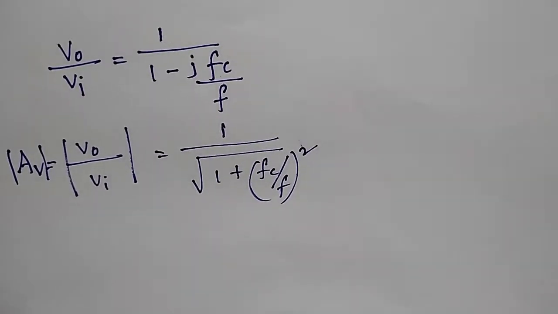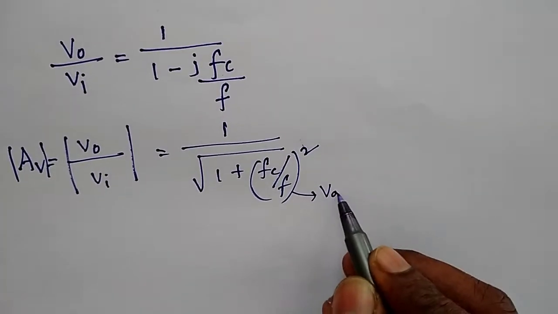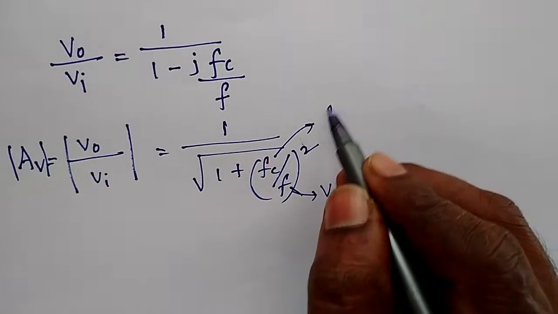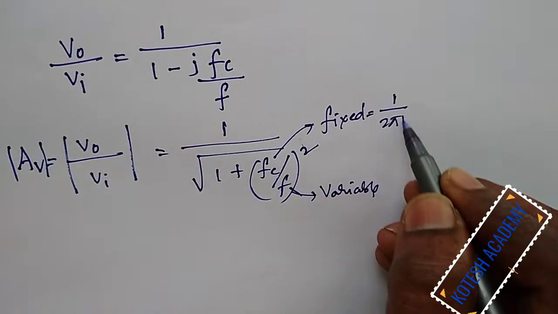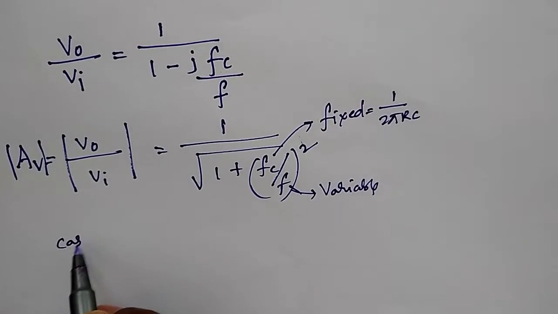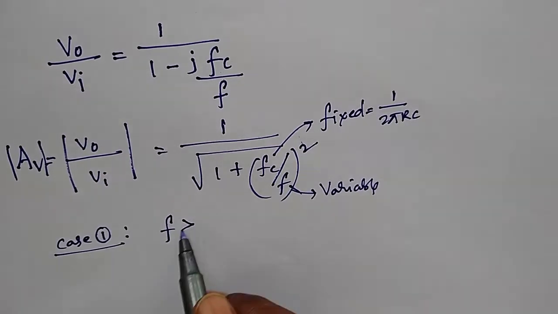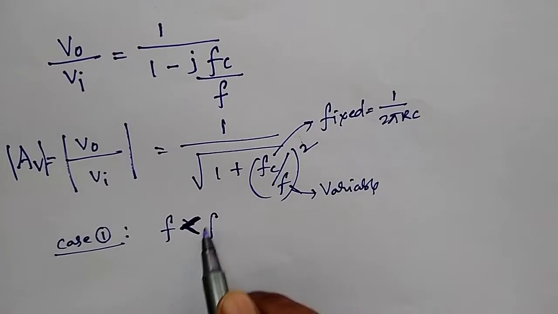In this case, F is variable and FC value is fixed. Fixed in the sense that its value is 1 by 2 pi RC. Then the first case is F less than FC.